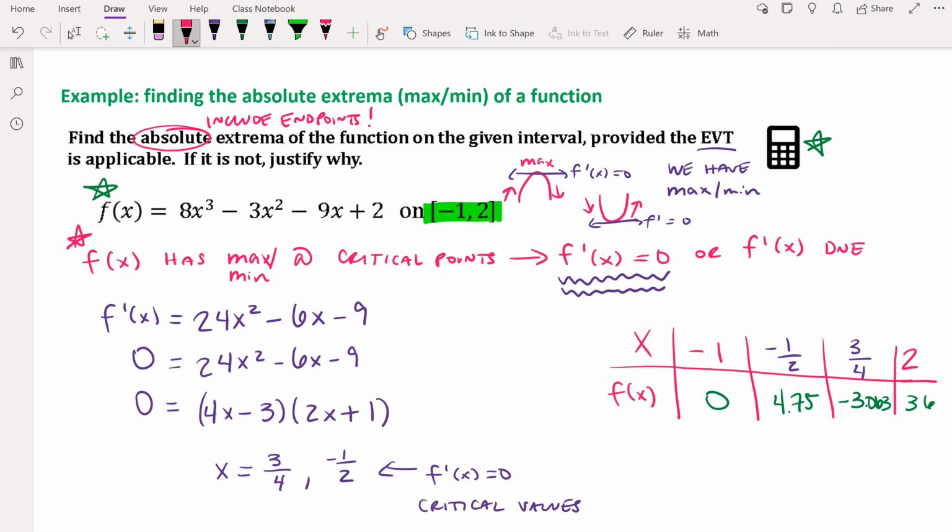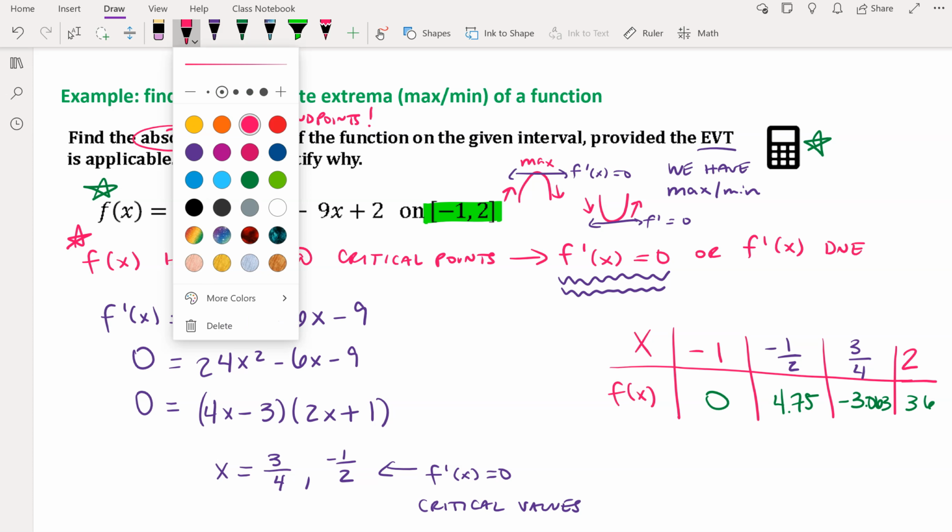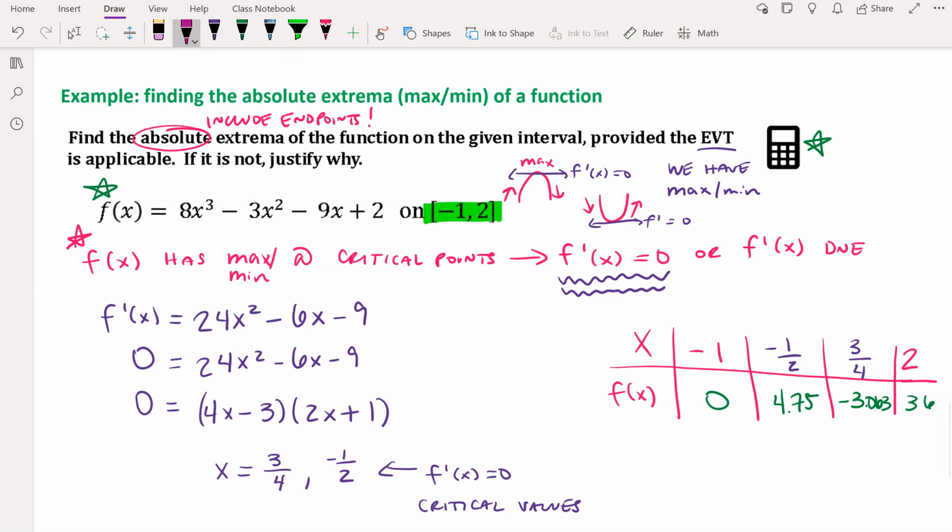Now let's answer the question. We are trying to find the absolute extrema, that means absolute max and min. The only possible places are the endpoints or the critical points. That's what that theorem was saying before. So we just need to look at the lowest and highest y values.